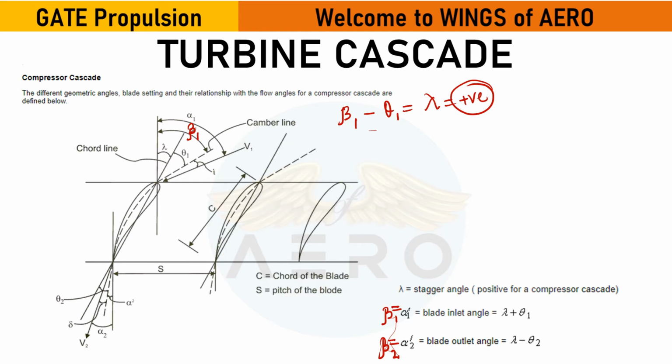The camber helps to avoid boundary layer separation. Clear? Now in this you can also find the blade efficiency.